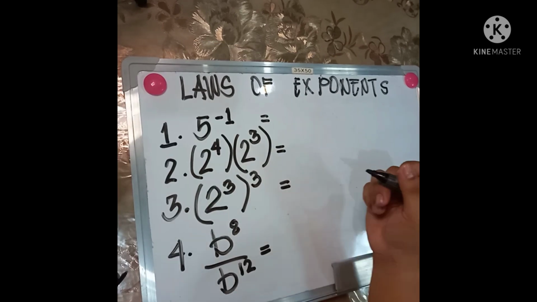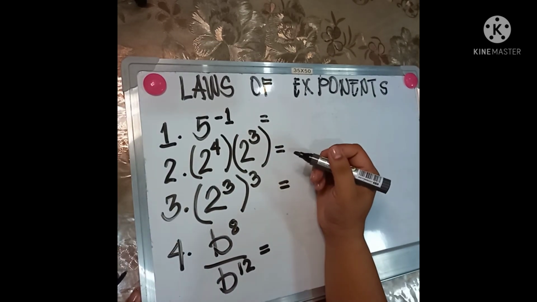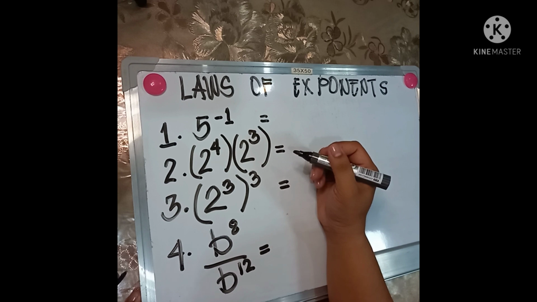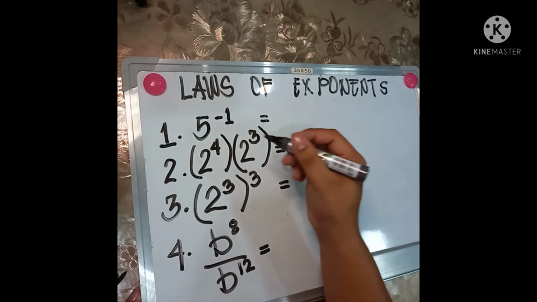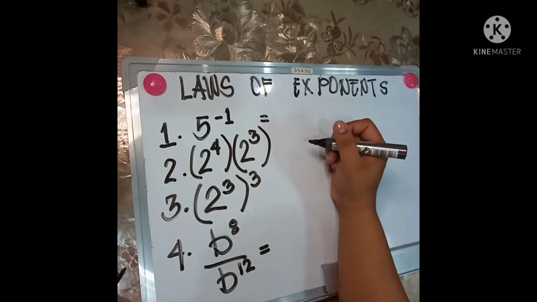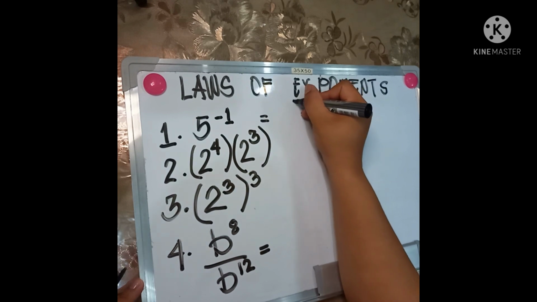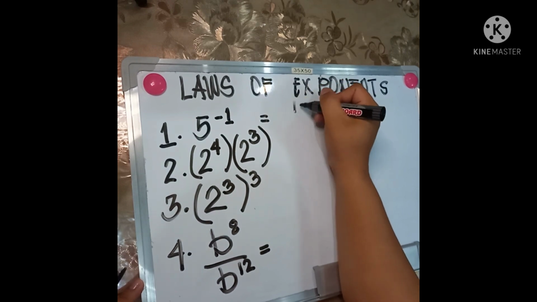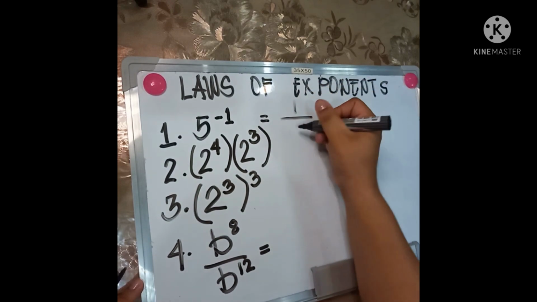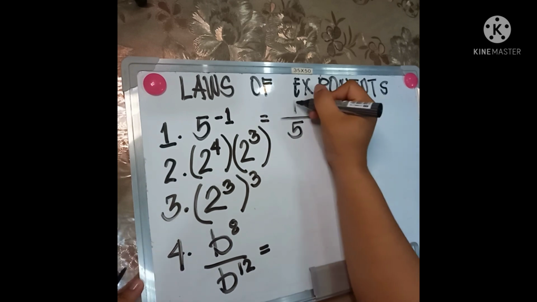Okay, let's try to simplify these examples using the different laws of exponent that we just studied. For number 1, we have 5 to the power of negative 1. Applying the law of negative exponent, that is 1 over 5, so that all should be simplified to positive exponent.